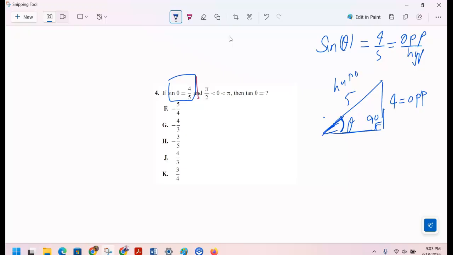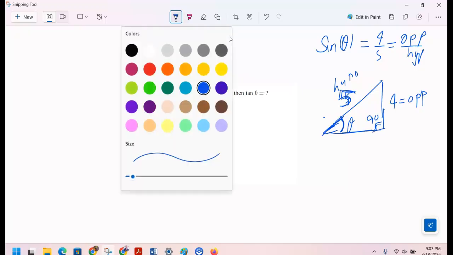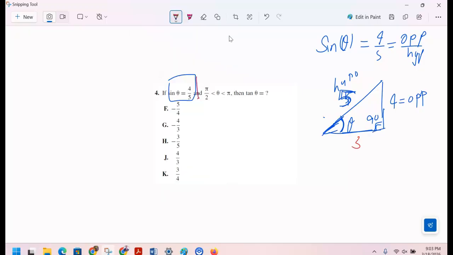By just knowing these two pieces of information, we can find the third side because the Pythagorean triplet says that this has to be 3. But if you don't remember, I can call these A, B, and C, and you can do A square plus B square equals C square.